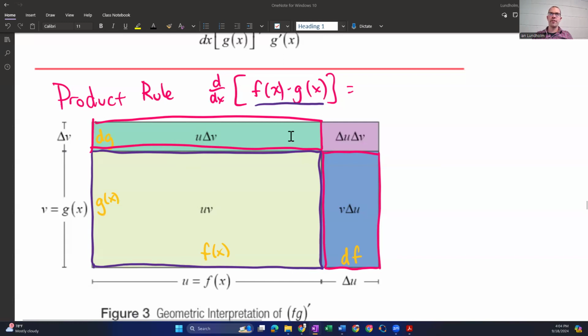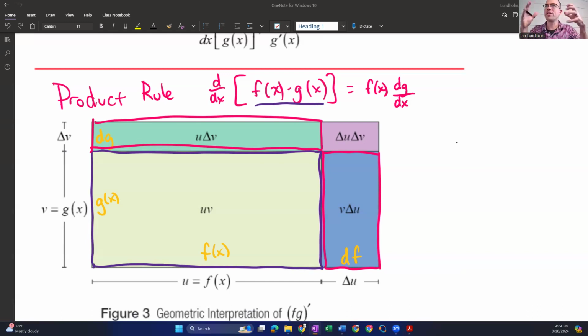So we get f of x for the base and dg for the height, but we're trying to capture the rate of change of this rectangle, and so a dx belongs here as well.